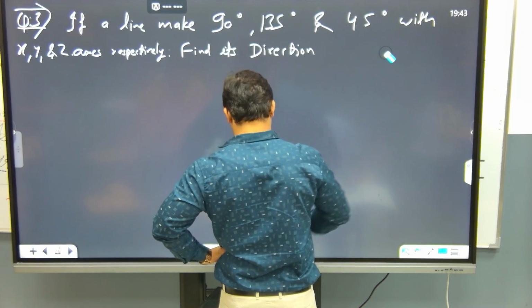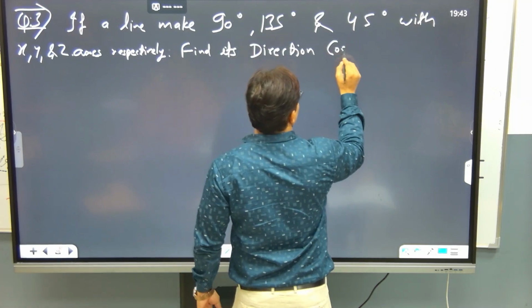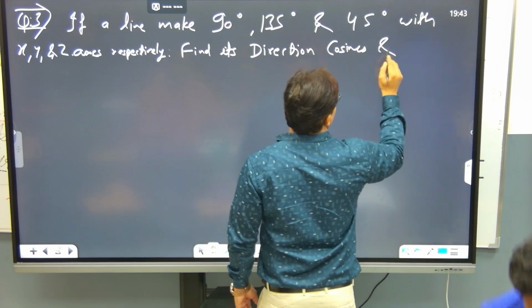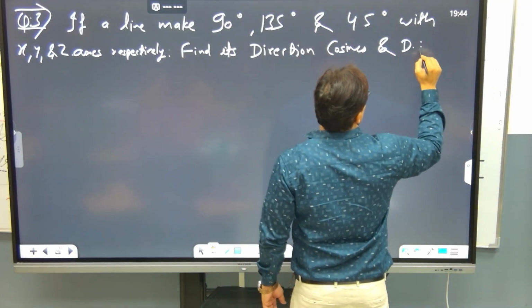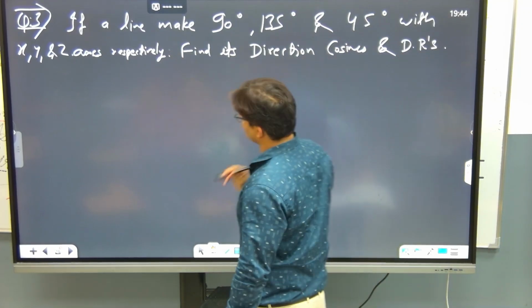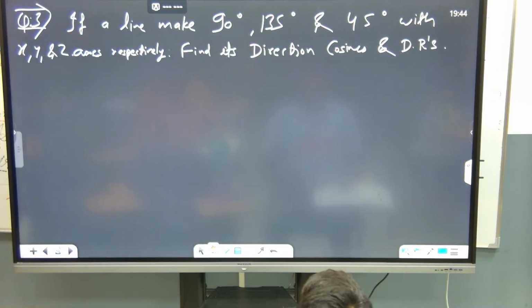You will first find the DCs, then find the direction cosines and the angles. Then you will find the DC values first. So 0, minus 1 by root 2, 1 by root 2.